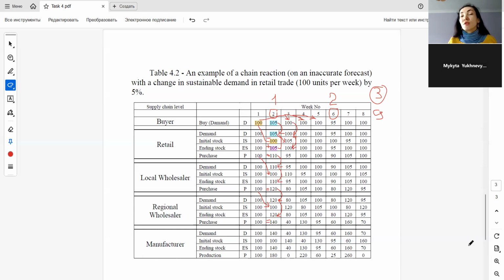And when we use such a system of prognosis, we could say that it is not very good for every level of the supply chain, because for the first level, the local shop, it is not a very big change, but for the other levels it is really big, and it is a problem for manufacturers, and we need to think how we could stabilize it.